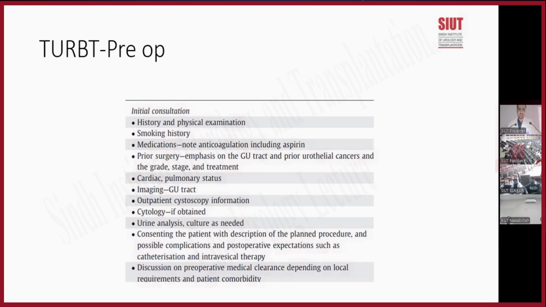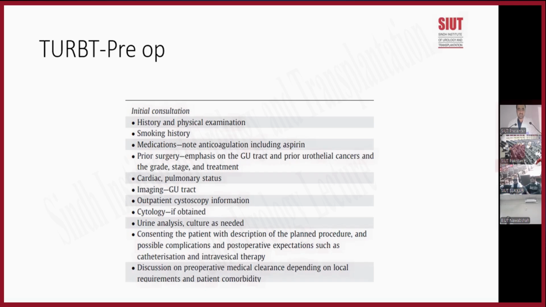We should take a history about smoking and medication, like anticoagulants and aspirin, which can cause hematuria. We should also take a history about prior surgery and prior urothelial cancer and its grade, stage, and treatment.